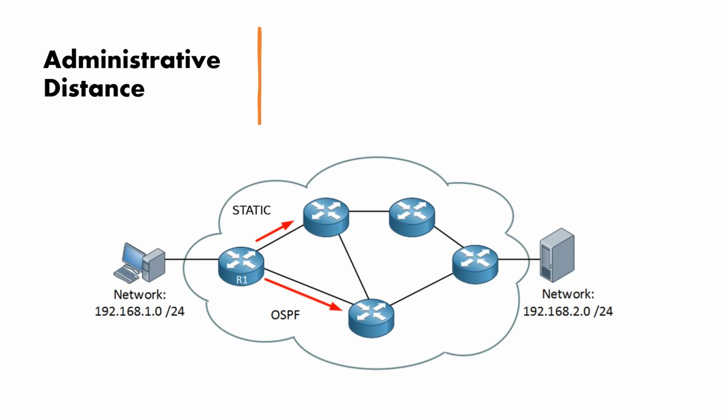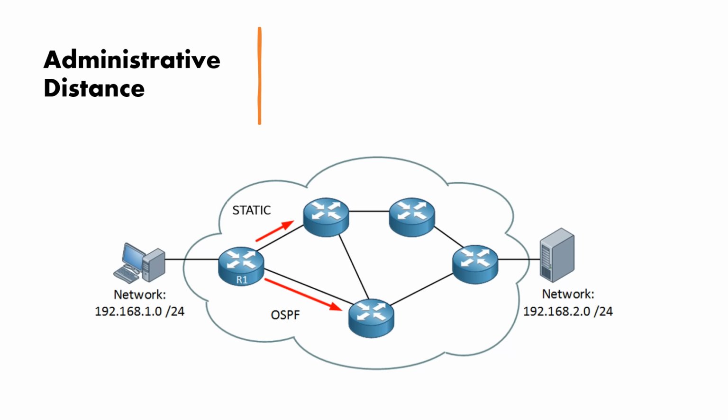So administrative distance, or AD, solves this problem. The AD is a value assigned to each connected source. The smaller the administrative distance value, the more reliable the source or protocol will be. The route source with the lowest value will always be preferred.